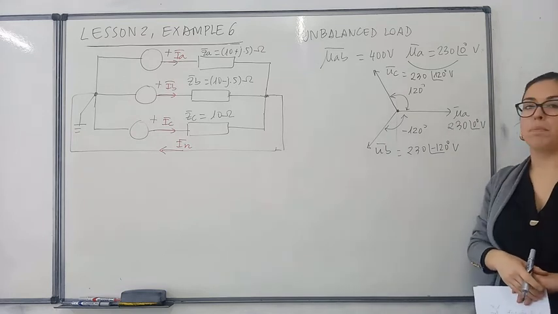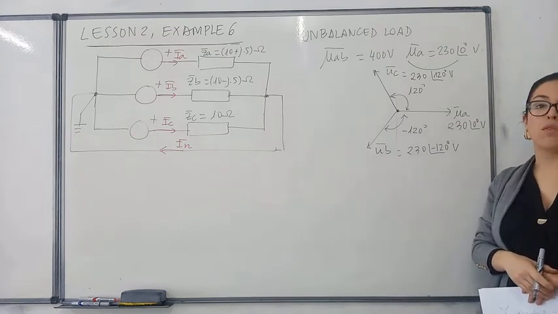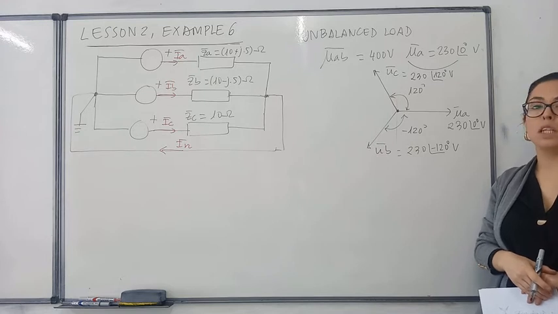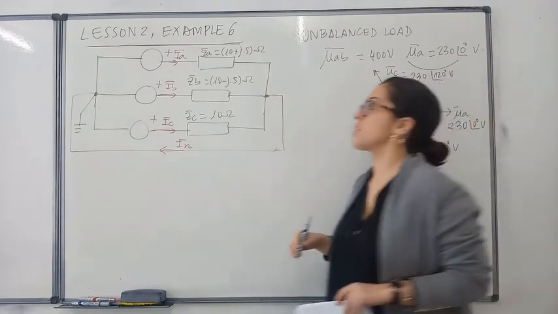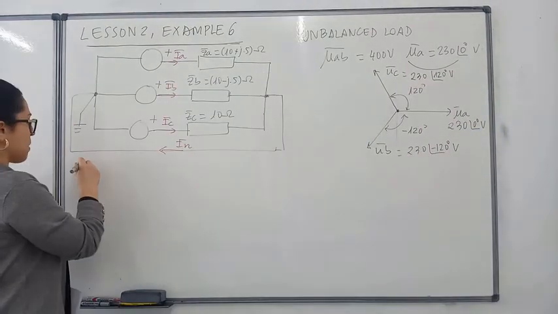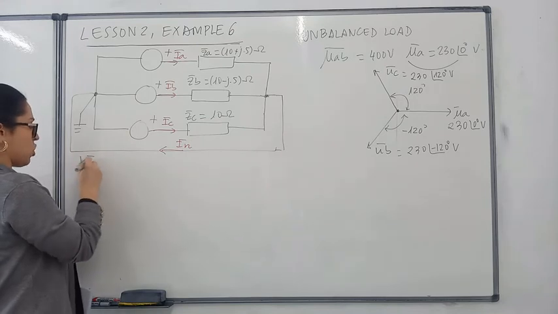So in this example, we need to obtain each of the currents, and we are going to do so by applying Ohm's law to each of the impedances. But first, we will need to express the impedances in polar notation.